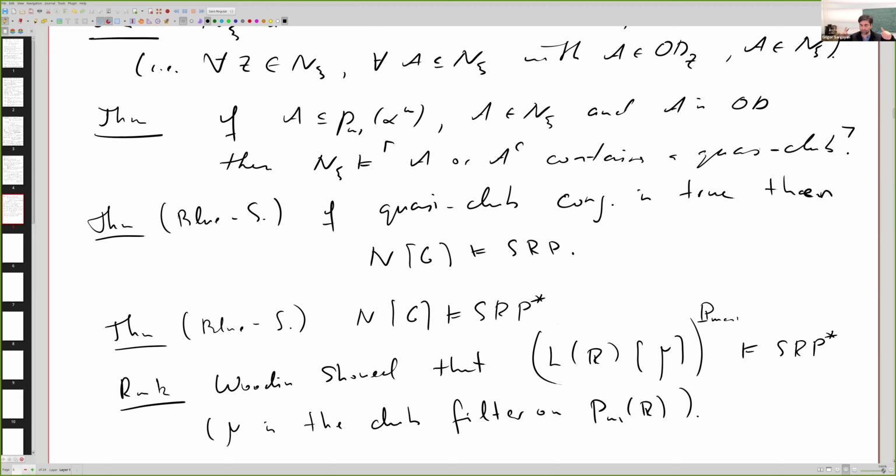We have exactly the same issue. It's no longer the club filter inside the model. Because it's not the club filter, he's only able to show that the star version holds. If it was the club filter, then its dual is the non-stationary ideal, so you're good.